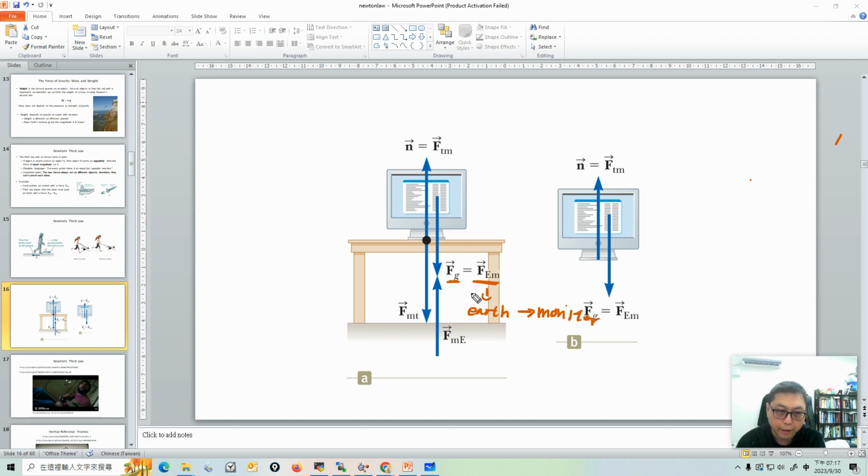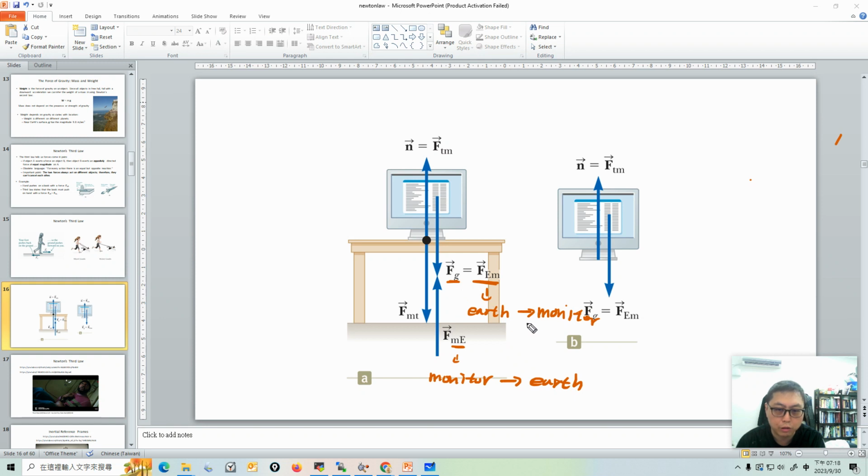But this force also has an action-reaction pair. It's called F_ME, in the opposite direction with the same magnitude. This is the monitor's force on the Earth. That's very counterintuitive.